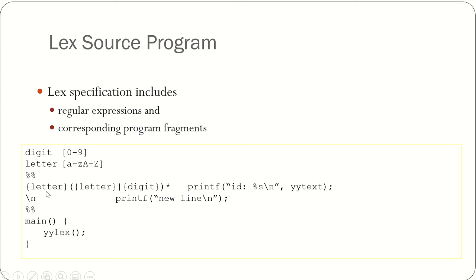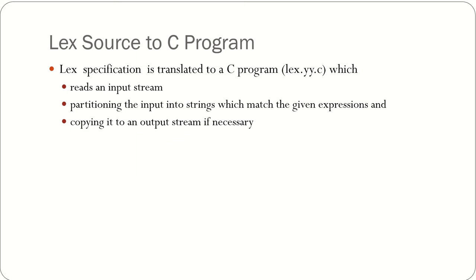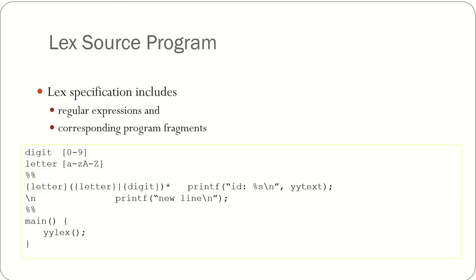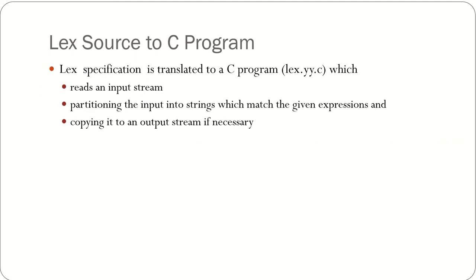Anything which starts with a letter followed by letters or digits will be considered an identifier. yytext is a built-in variable of Lex which holds the current lexeme found that matches this regular expression. So the regular expression given in this Lex specification will form a token for the particular input given.